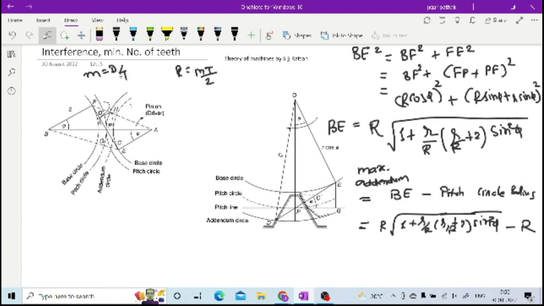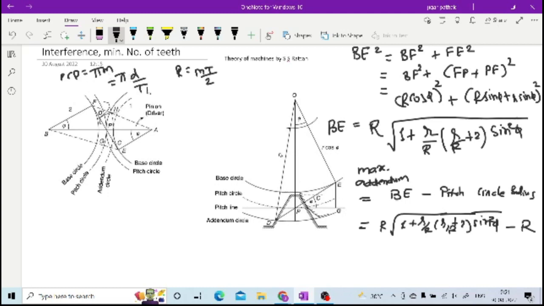The pitch circle circumference is pi d, which is nothing but pi m t, so m is equal to d by t only, right?